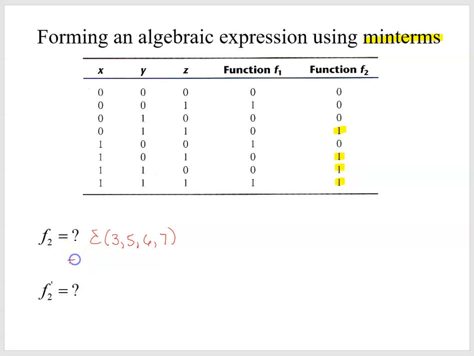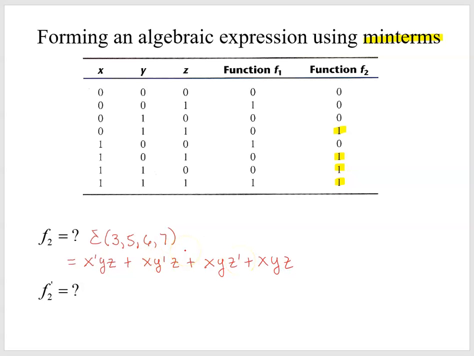So then we want to expand that. So that's equal to its x, y, and z. So our 3 is x prime y z, ORed with 5, which is x y prime z. That's 1, 0, 1. Or 6, which is x y z prime, or 7, which is x y z, right?